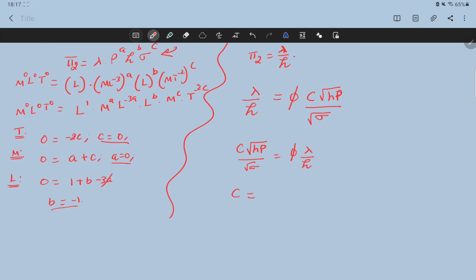So c equals a function of lambda by h as it is, times sigma divided by the square root of rho h. We do not know what that function is, and in order to know what that function is, we have to do experiments.